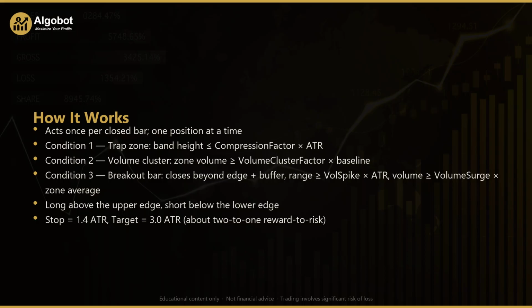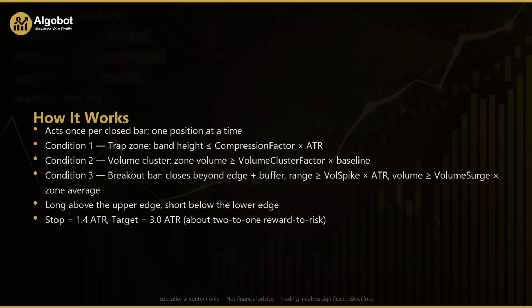Third, its volume must surge, at least the surge factor times the zone's average volume, 1.8 by default. Volatility and volume expanding together is the signature the strategy is searching for. When all three conditions align, the expert advisor signals an entry in the breakout direction.